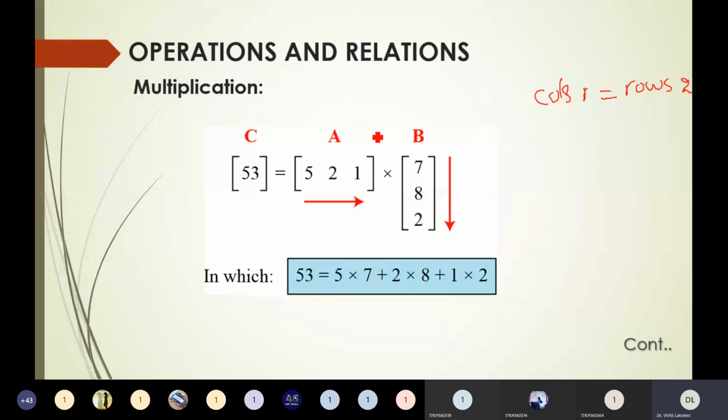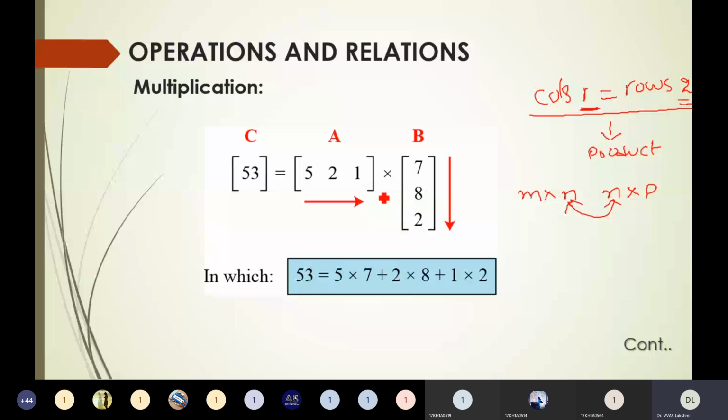That is the condition. If this condition is satisfied, then only are we able to calculate the product operation. That is, if the size of the first matrix is m by n, then the size of the second matrix should be n by p. Both of these n's should be equal, then only will we perform the product operation.